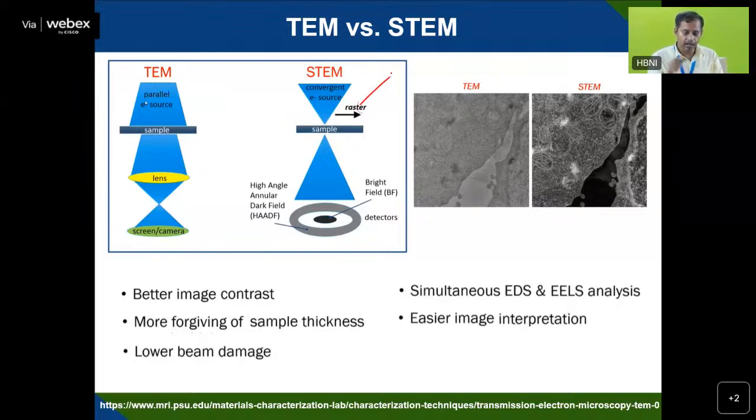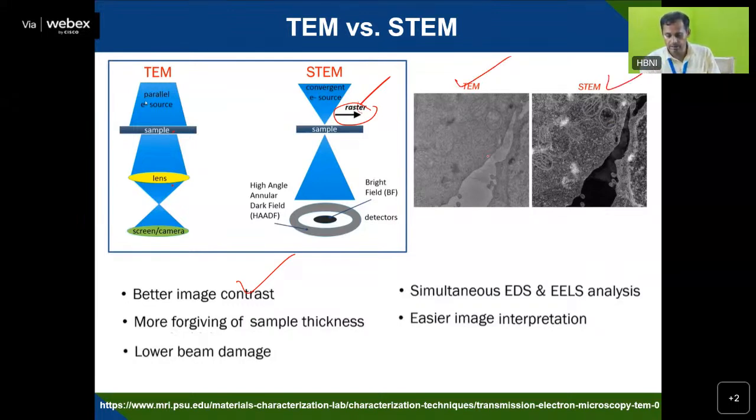In a normal TEM, the sample goes lens to lens and then to a camera, but in STEM you have a raster that will scan the surface. You get better image contrast and lower beam damage, so the beam will not damage the sample surface. Here is a TEM image of a steel sample, and this is a STEM image.